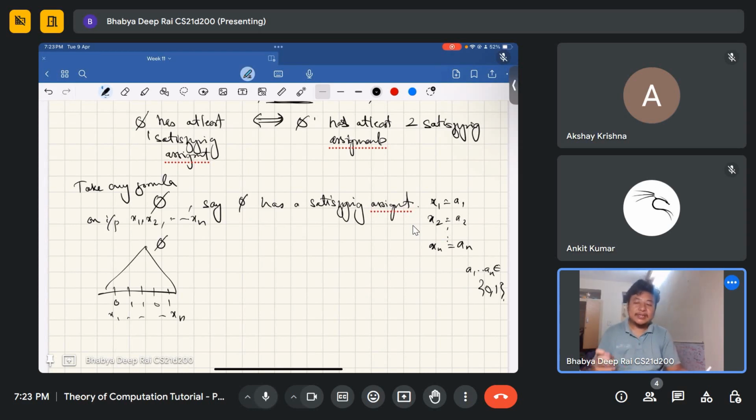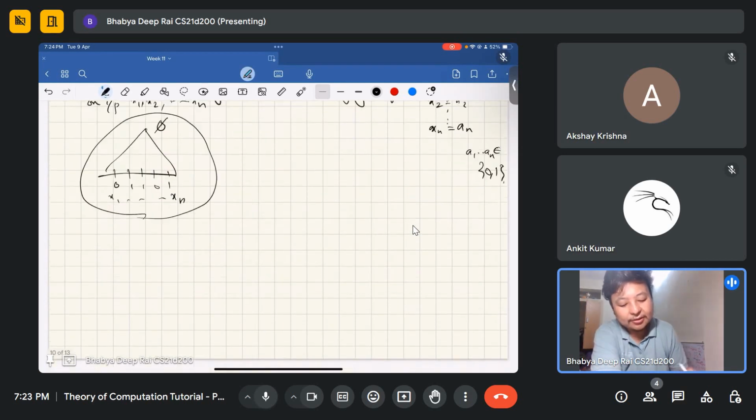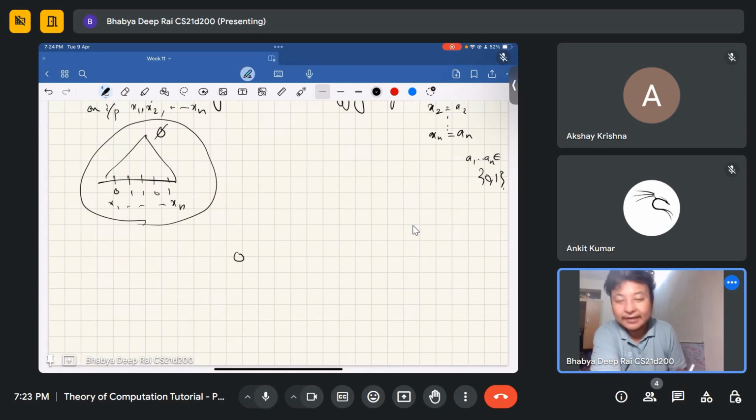What I want to do is modify it slightly and create a phi prime so that whenever phi has one satisfying assignment, I get two satisfying assignments. So what I'll do is as follows. Take phi.